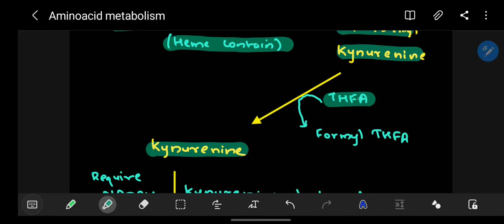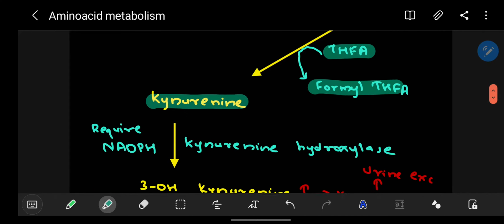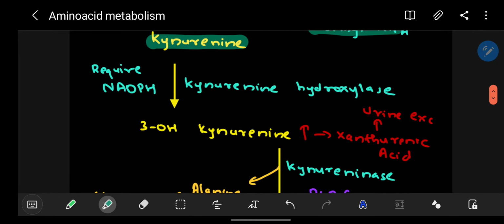So the N-formyl group of kynurenine will be released and the THFA will take that and eventually convert into formyl DHFA.